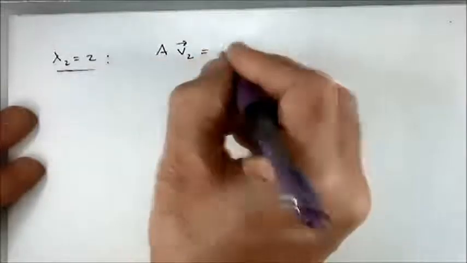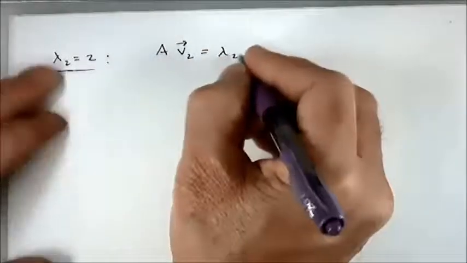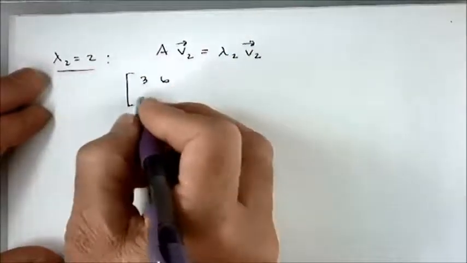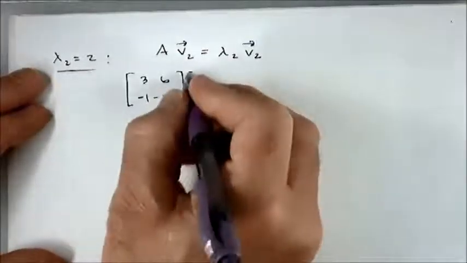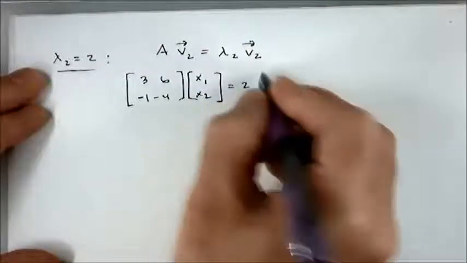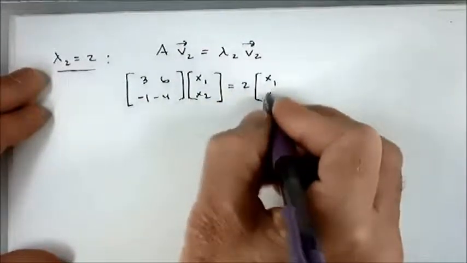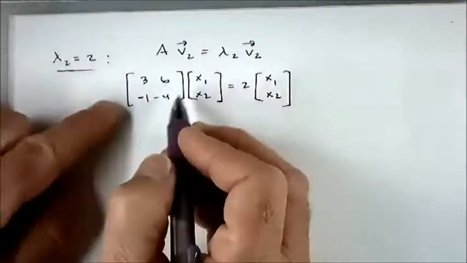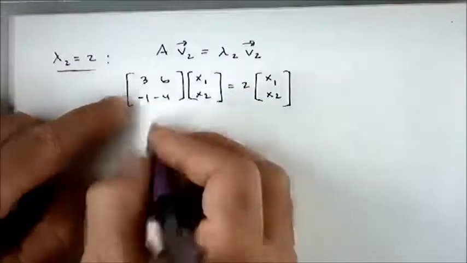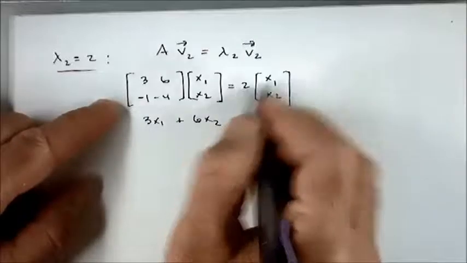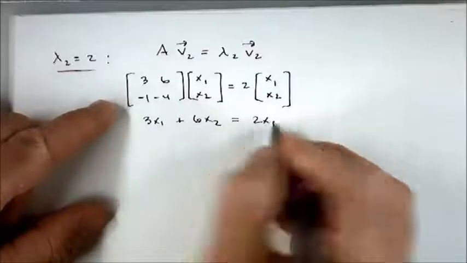We'll call this V2 this time, is equal to lambda 2 times V2. 3, 6, -1, -4 times some vector that I'm trying to figure out equals 2 times that vector. If I multiply out the first row times the column, 3x1 plus 6x2 would have to equal the top number, 2x1.